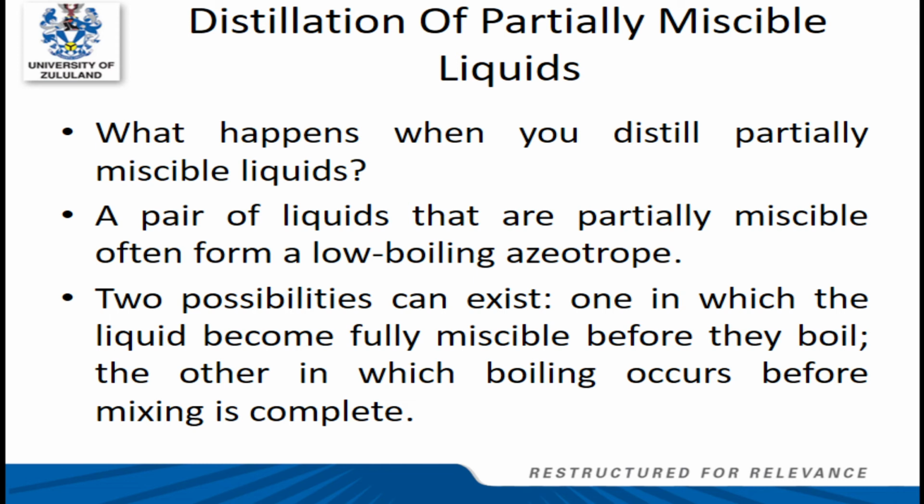So there are two possibilities that can exist. The first one is in which the liquids become fully miscible before they boil. The second is in which boiling occurs before mixing is complete.